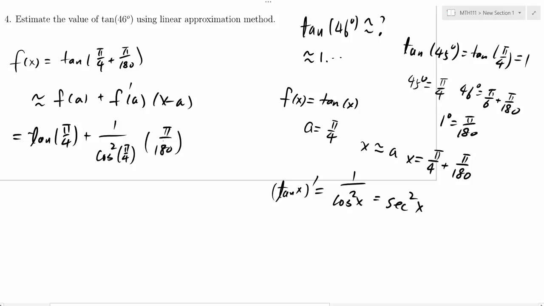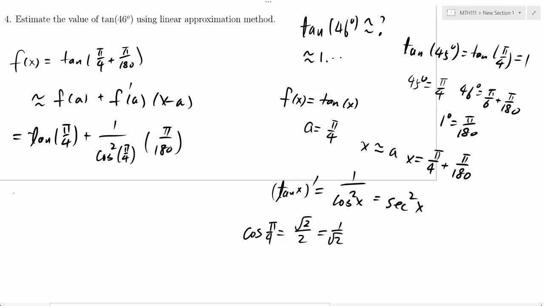And that's the approximate value. Now we can find it. We know that cosine of pi over 4 is root 2 over 2, or 1 over root 2, so its square is 1/2.